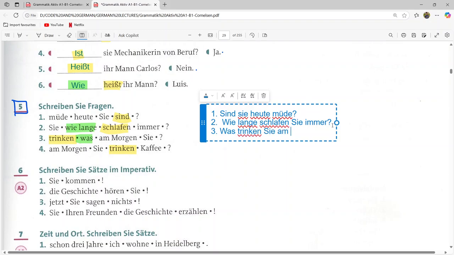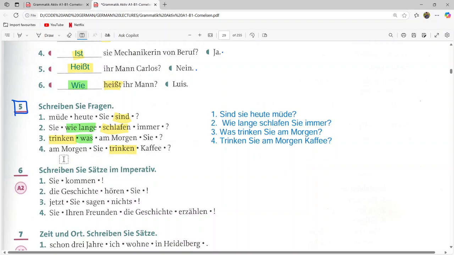What do you drink in the morning? Next one, is there any W-Frage word? No, just put the verb at the very first and then the question will be there. So trinken Sie am Morgen Kaffee? Done. Okay, so this task is also done.